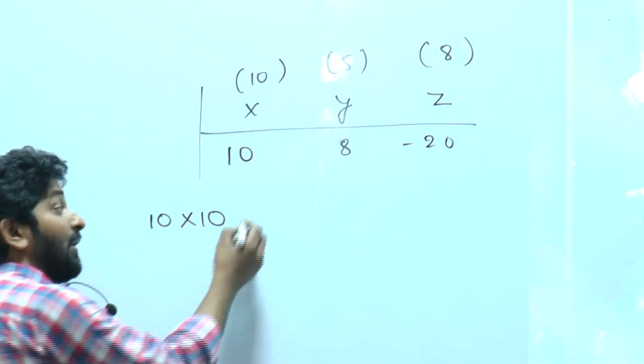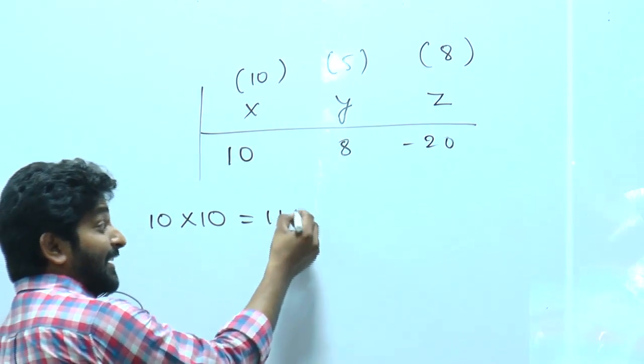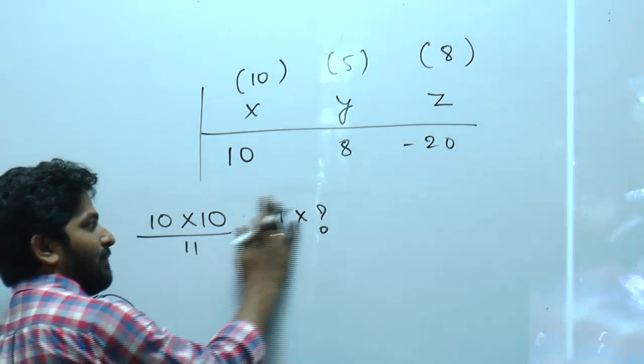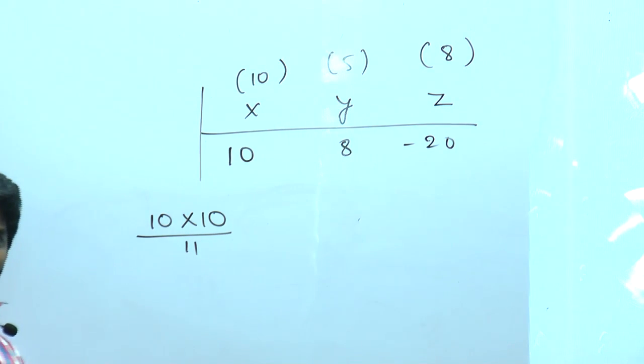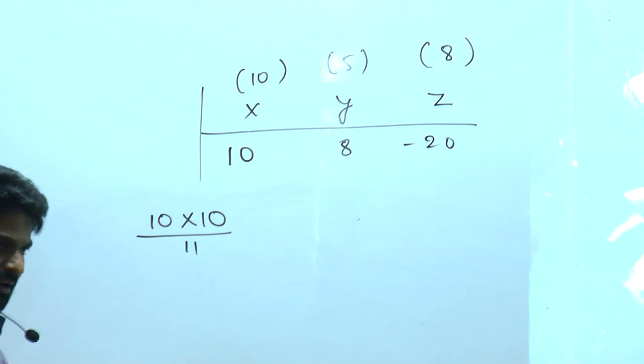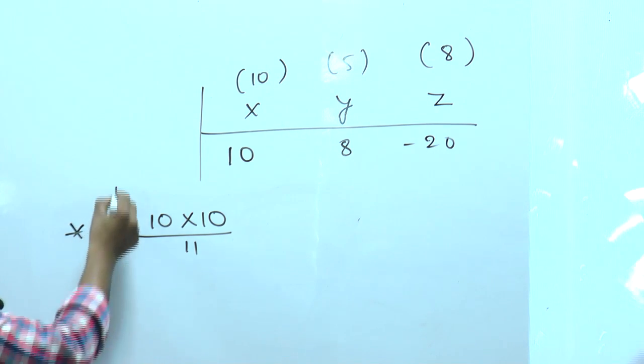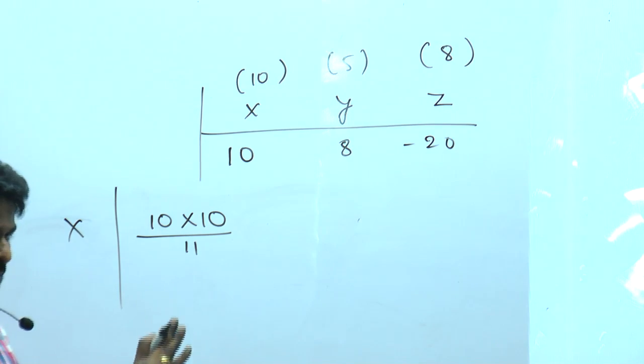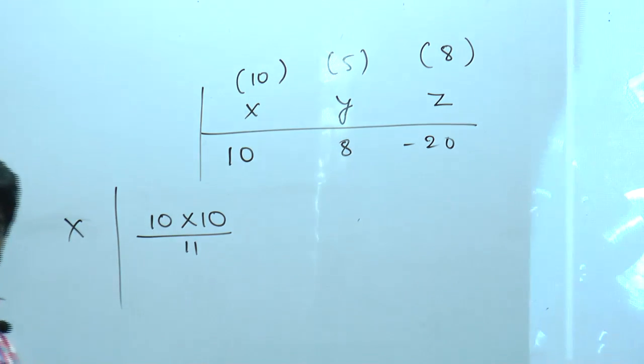M1D1. 11 taps need how much time? Right? Yes or no? So now set X needs this much time to fill the tank. I don't want to calculate this, let it be like this.